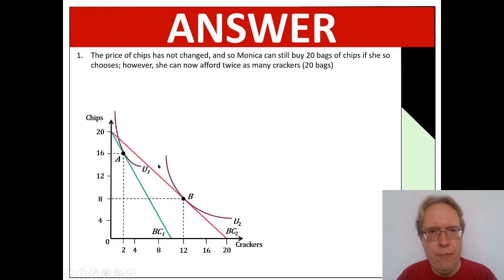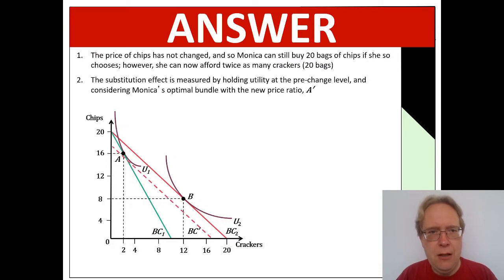So you move the budget line inwards until you touch the original indifference curve, and you end up at this point here. If you've drawn that exactly like the book, you end up with 4 crackers and 14 chips.